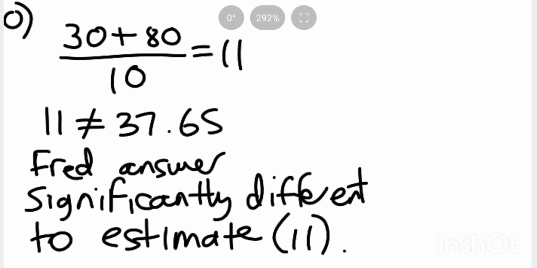Just for the sake of clarity in the exam. But yeah, that's question 20 answered.